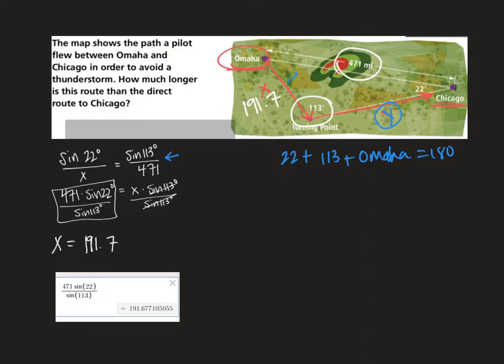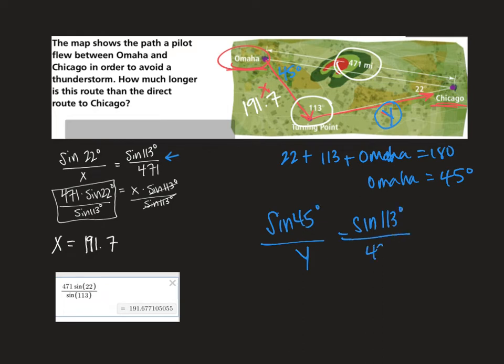So let's make that a little bit clearer. This angle, Omaha, is 45 degrees. Now I can use the law of sines to find side y. So I know that the sine of 45 over y, side y, not angle y, is equal to the sine of 113 over 471.